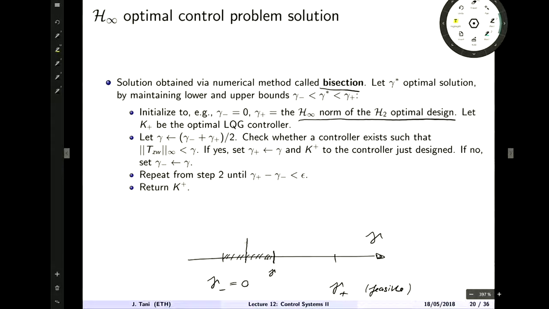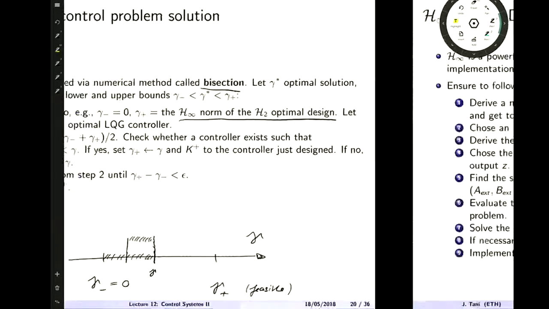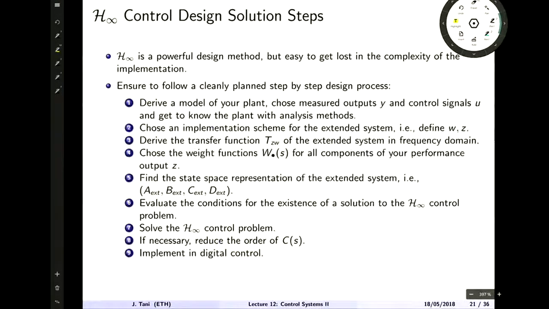If it works, we go to the left space, but if it doesn't work, we go to this space. And so we keep converging to a smaller and smaller area for gamma until we have met the tolerance that we specify in the software. Typically this is a parameter you would give to the H infinity engine to find the solution.